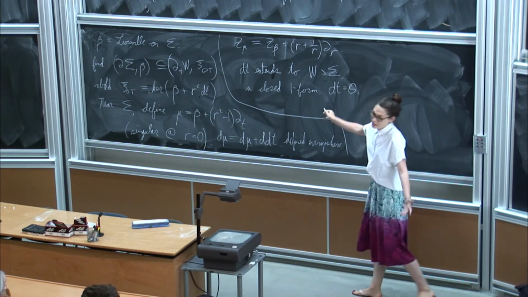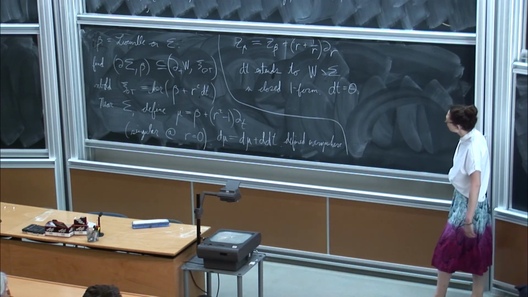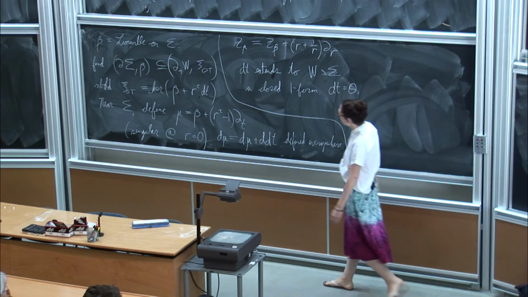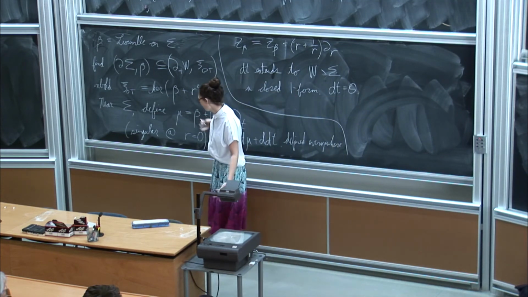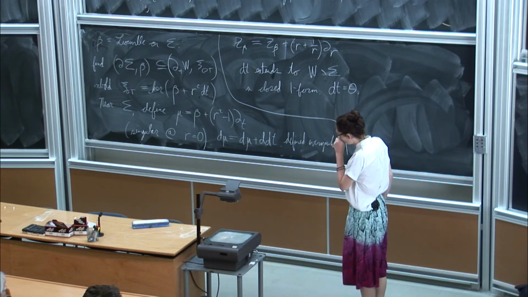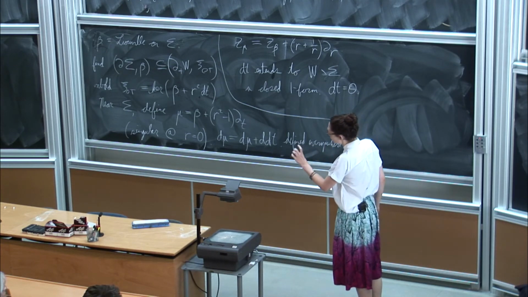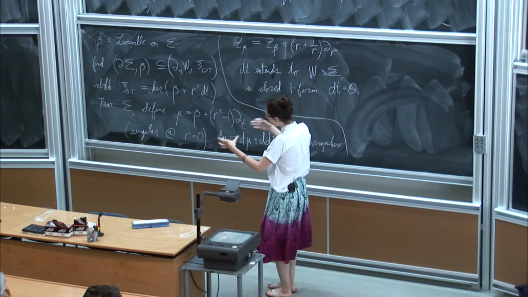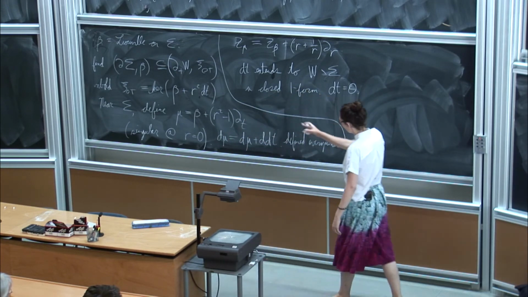I can extend it because it's null homologous, and dt is defining the dual of the neighborhood of the boundary of sigma.